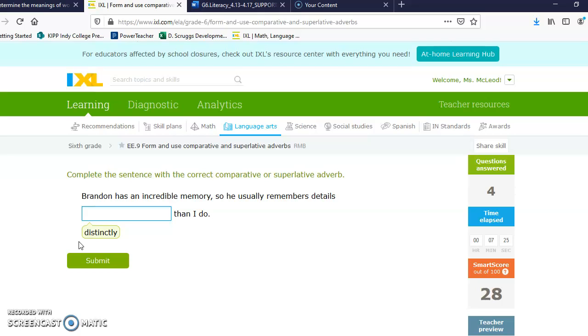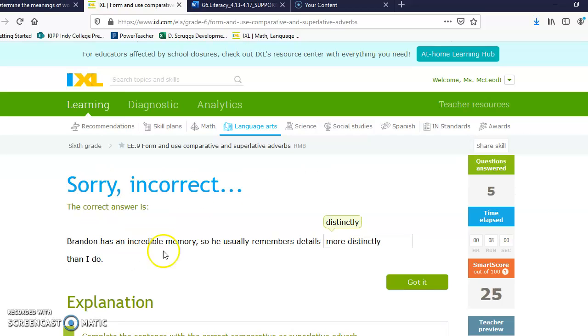Okay, Brandon has an incredible memory. So he usually remembers details distinct, distinctly, than I do, or distinctively. Okay, this is a good one. Which one do you think it is? I'm going to say distinctively. That's incorrect.